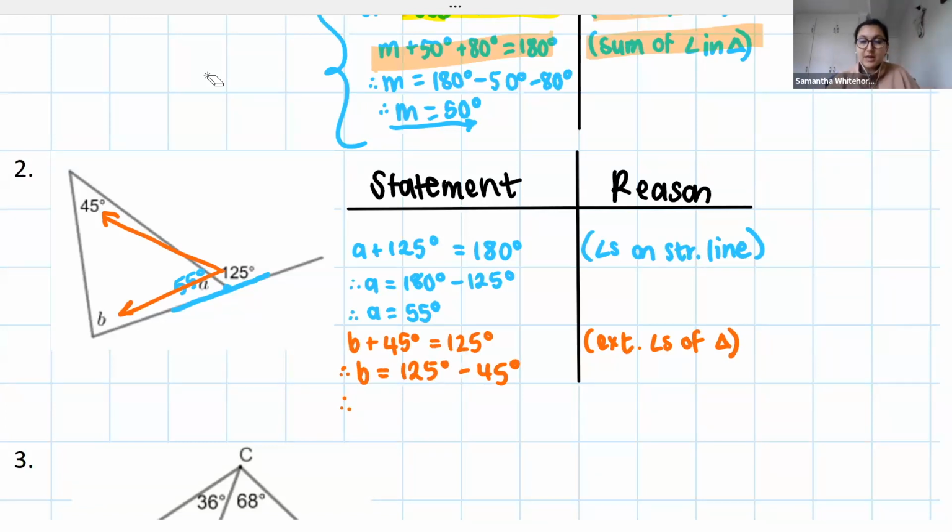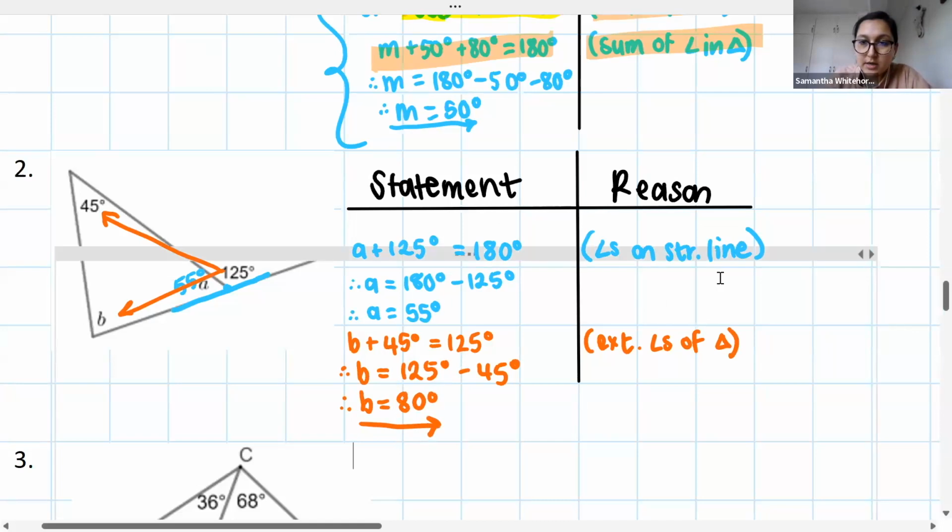And guys, please remember, inverse means opposite. So you need to do the opposite. It was plus 45. You now need to subtract 45. And so you get that B is equal to 80 degrees. You would have gotten 80 degrees if you had used sum of angles in a triangle as well. Either way, you get exactly the same answer. So regardless of whatever reason you chose, it's going to work.